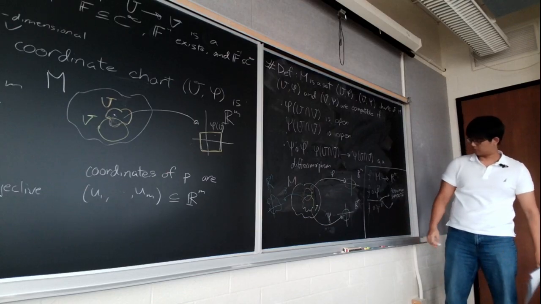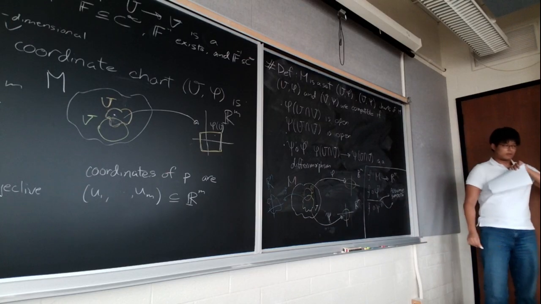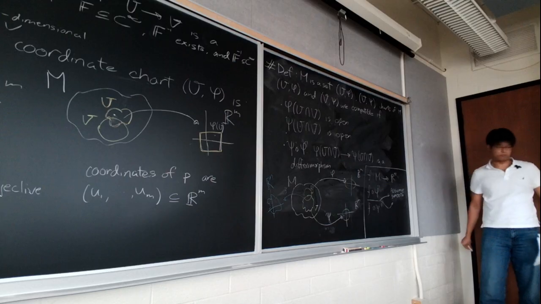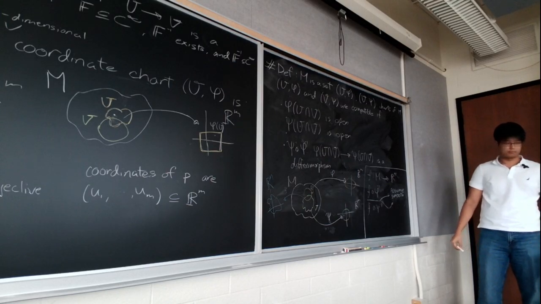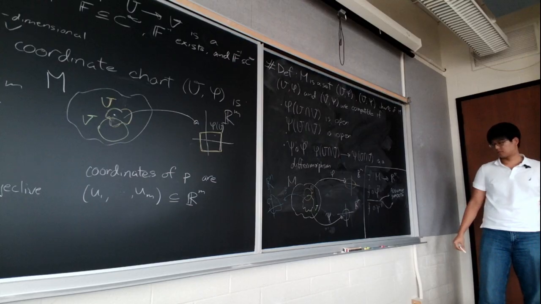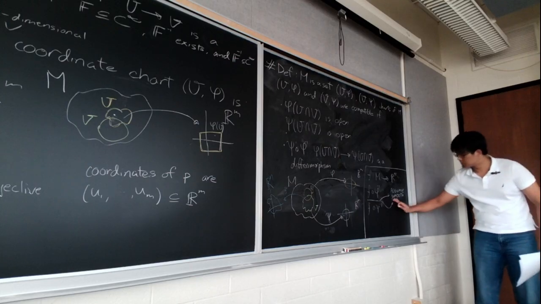If the function is smooth in one coordinate, the function should be smooth in another set of coordinates for any function f. Like if I have any function f which is smooth in one set of coordinates, it should be smooth in the other set of coordinates.